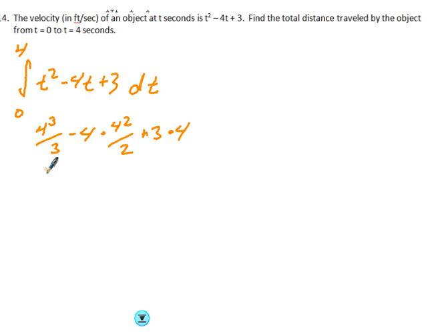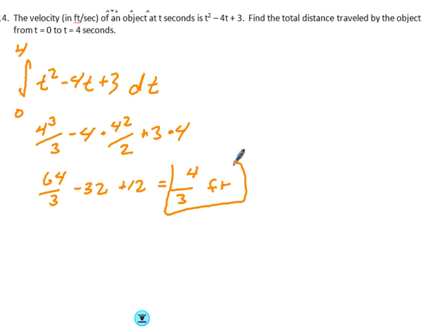When you multiply all these out, you end up with 64 over 3 minus the 32 plus the 12, which you combine, and it actually ends up being 4/3 of a foot. So that's what we wanted there.